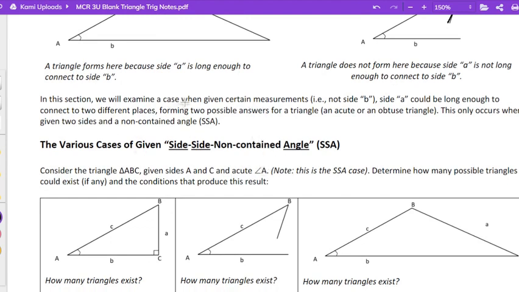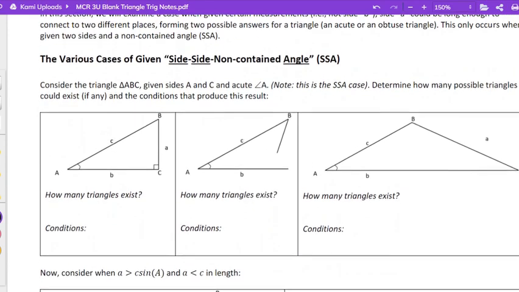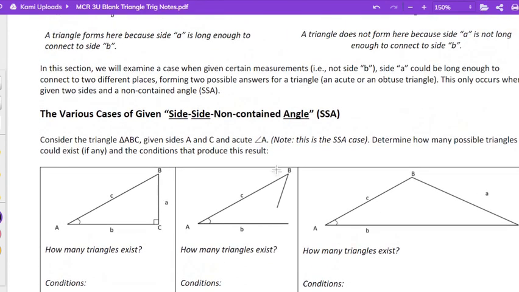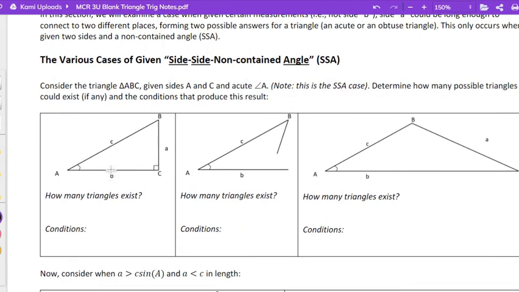In this section, we'll examine a case when, given certain measurements, we're going to have two possible triangles. The only time we can have this ambiguous case is when we have an SSA situation, meaning you're given a side, another side, and an angle.